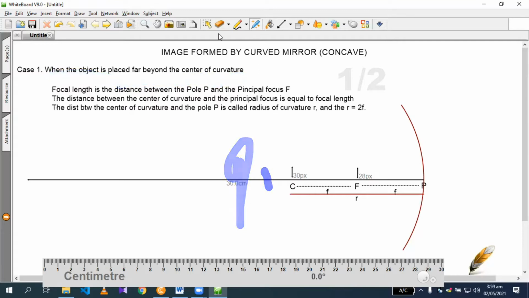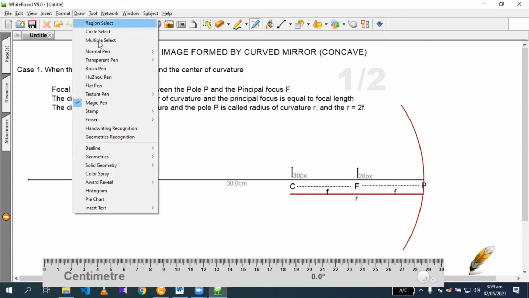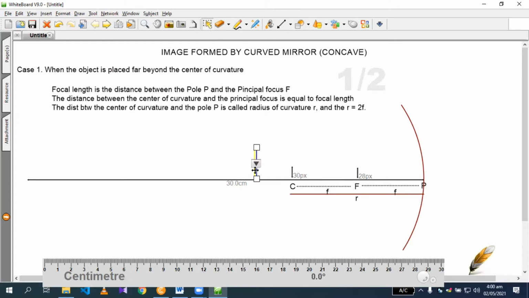So let's get our object placed. When you have your object like this, a lot of things will happen. You have a lot of rays coming out from this object. Normally, you have about 3 different types of rays.